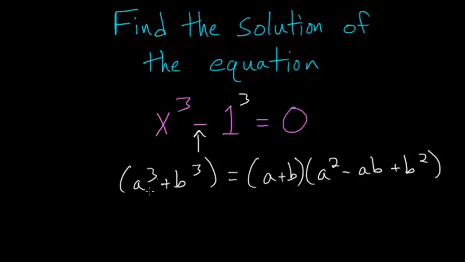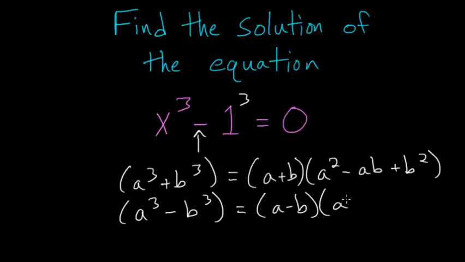And if you have a difference of 2 cubes, like we have, it would be a cubed minus b cubed is equal to a minus b times a squared plus ab plus b squared.